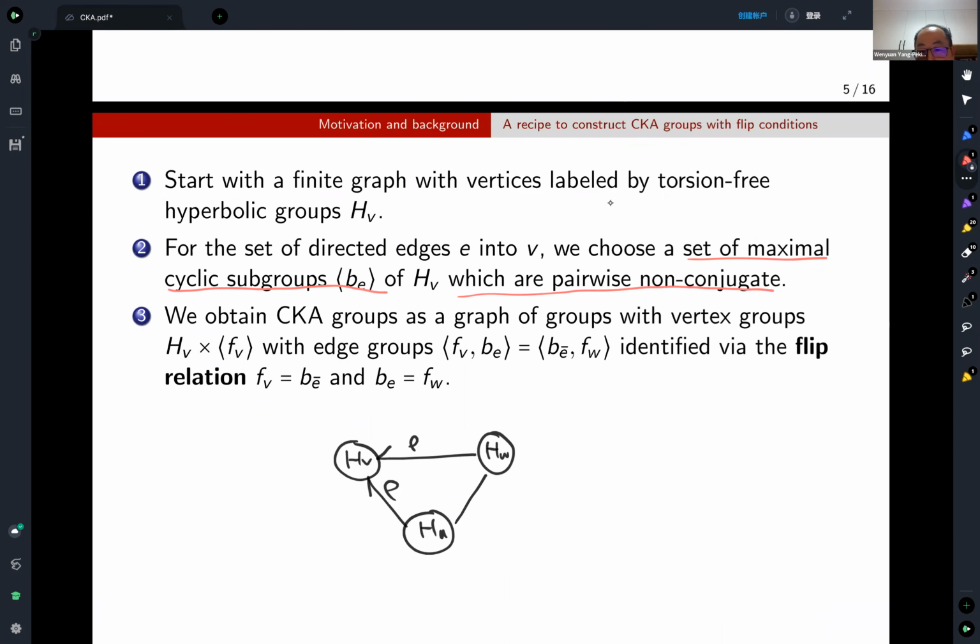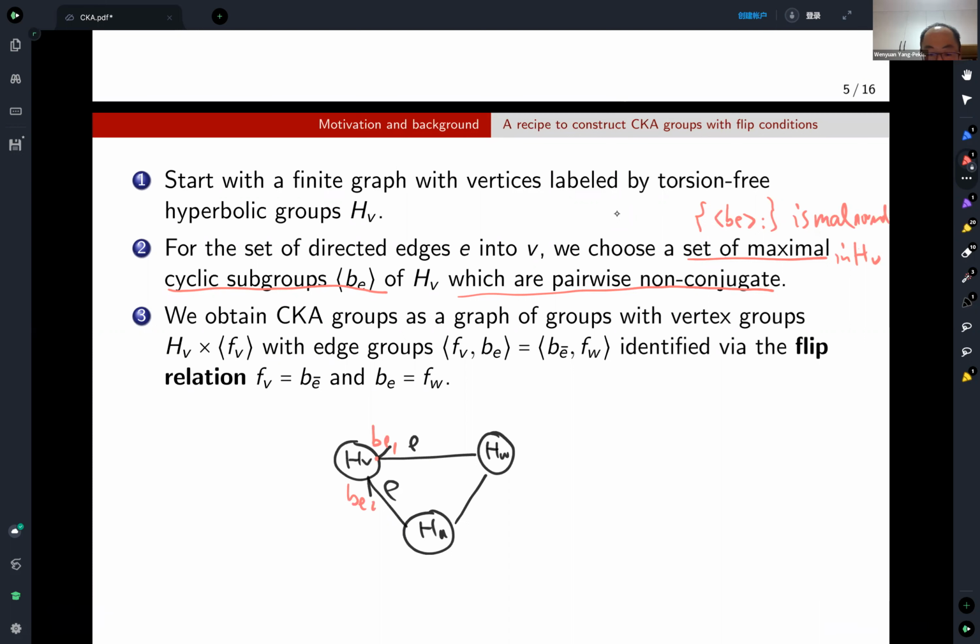In other words, these groups should be malnormal, as I said before. The intersection is trivial and it is malnormal in HV. So for each edge we choose these elements here, E1, E2, and for here we also choose this.